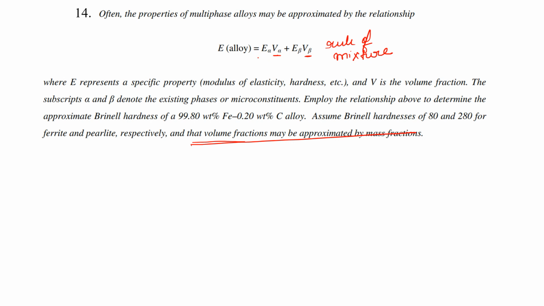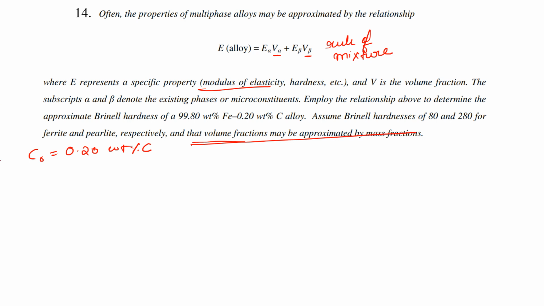In this case we are taking a specific property, let's say elastic modulus or hardness or anything, and alpha and beta are the different phases or microconstituents. Employ the relationship above to determine the approximate Brinell hardness of an alloy whose weight percentage C naught has been given to us as 0.20 weight percent carbon, assuming the Brinell hardnesses are given as 80 and 280 for ferrite and pearlite.